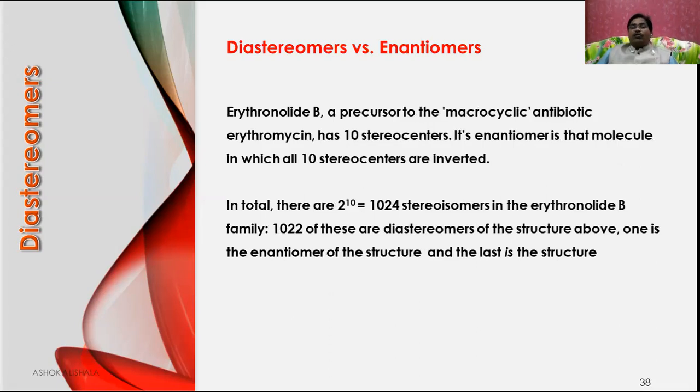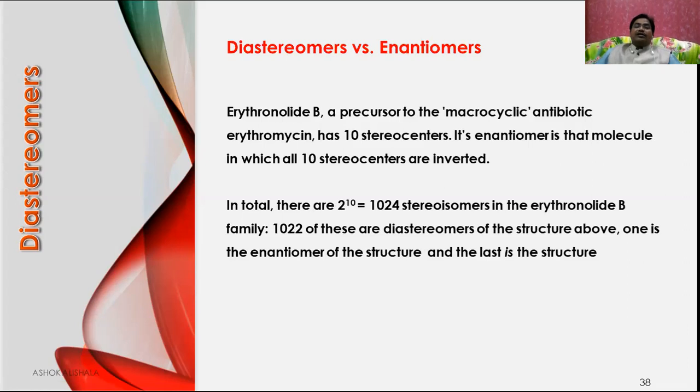Here is one more compound. Erythronolide B, a precursor to the macrocyclic antibiotic erythromycin, has 10 stereocenters. Its enantiomer is the molecule in which all 10 stereocenters are inverted.